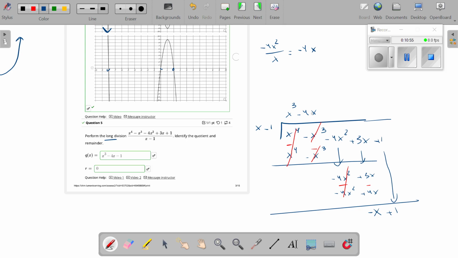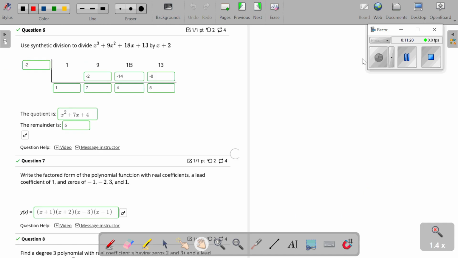Negative x divided by negative x is negative 1. Negative 1 times x is negative x. Negative 1 times negative 1 is plus 1. Now subtract them. Negative x minus negative x is 0. 1 minus 1 is also 0. So the remainder is 0, and the quotient will be x to the 3 minus 4x minus 1.